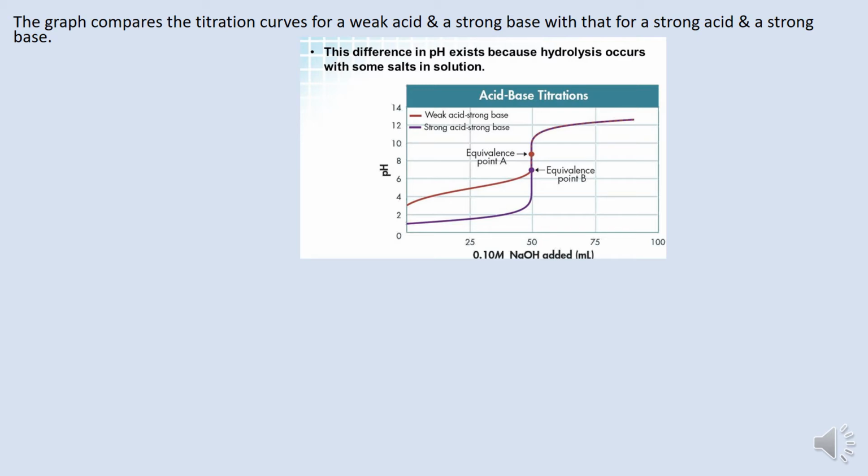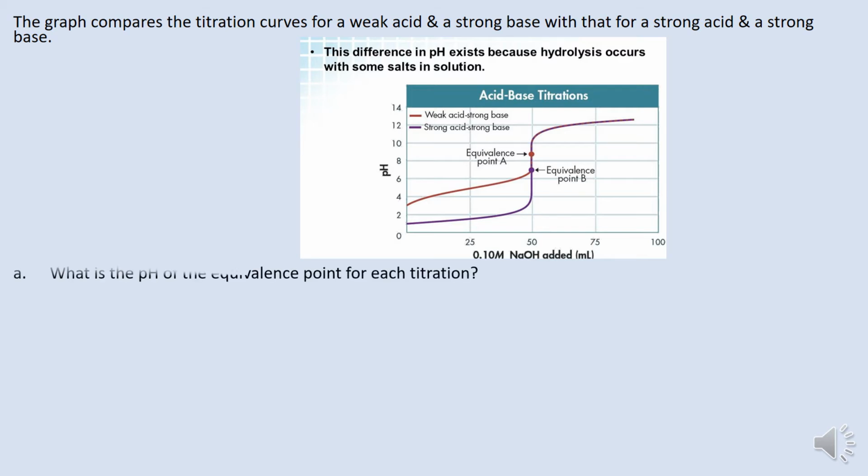Here, examine the curves well. The red curve is for the acid-base titration. We call it A, which is weak acid and strong base. The blue curve is for titration of strong acid and strong base, and we call it B.